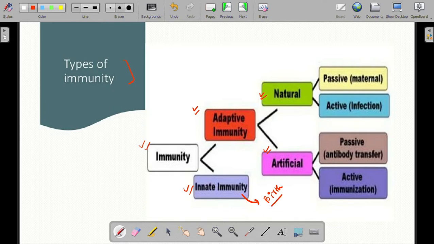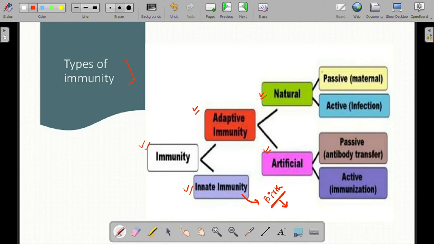So it is found in the newborn child. This is called the innate immunity. And adaptive immunity is divided into natural and artificial immunity.